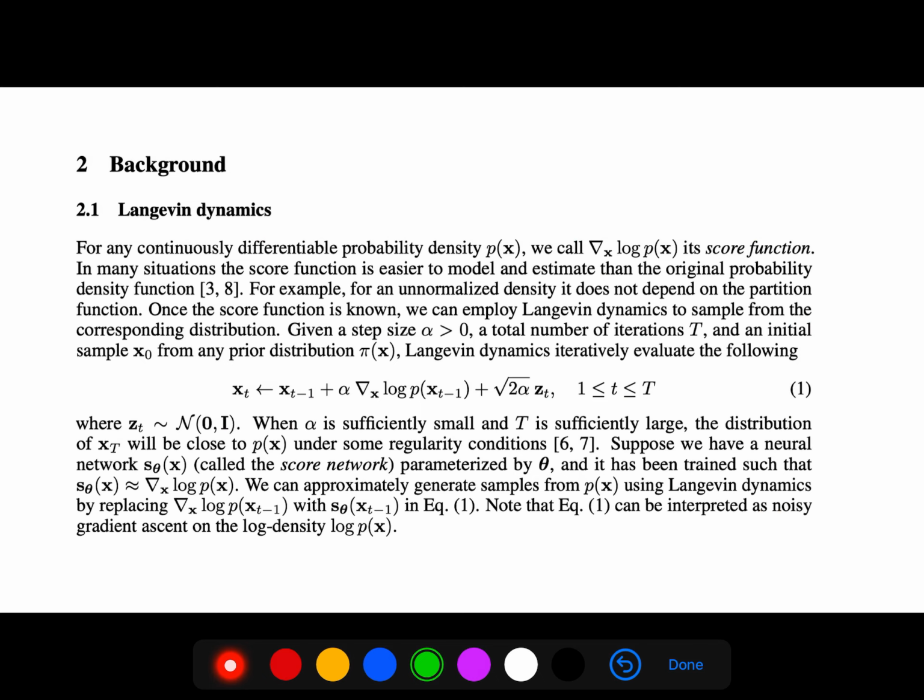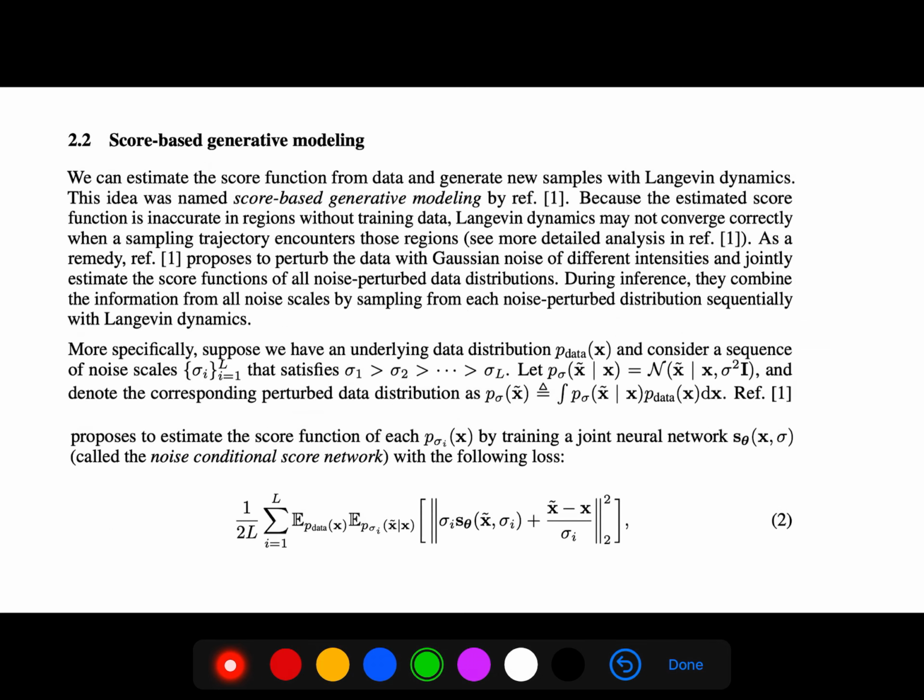So, you don't need background on what Langevin dynamics is. We have talked about it several times. And what score-based generative models are. I have a playlist for denoising score matching, so you can get used to these formulations and problem.